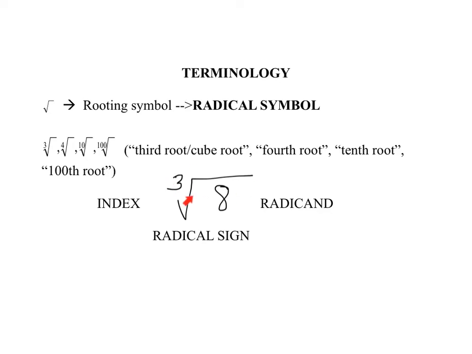Specific parts of a root really are 3 parts. You have the radical symbol itself. You've got the little value that designates the matching power to which the root belongs to, or inverses. That's called the index. And then you have the value underneath the root. That's called the radicand.